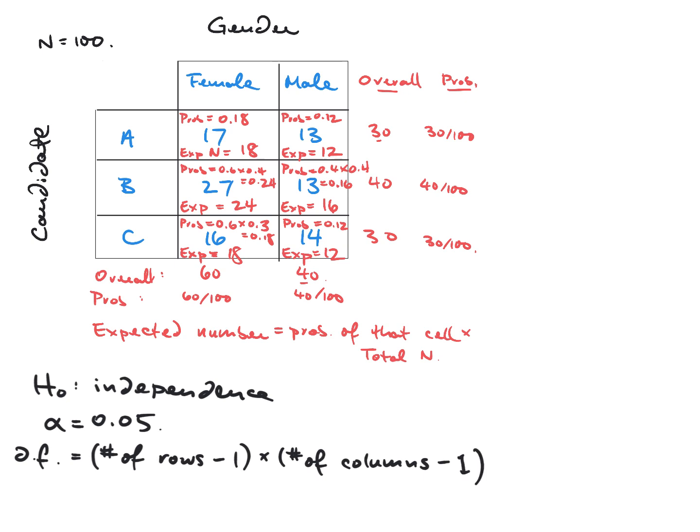Okay, so we have categorical variables in kind of 2 dimensions, right? One dimension is preference, the other dimension is gender.